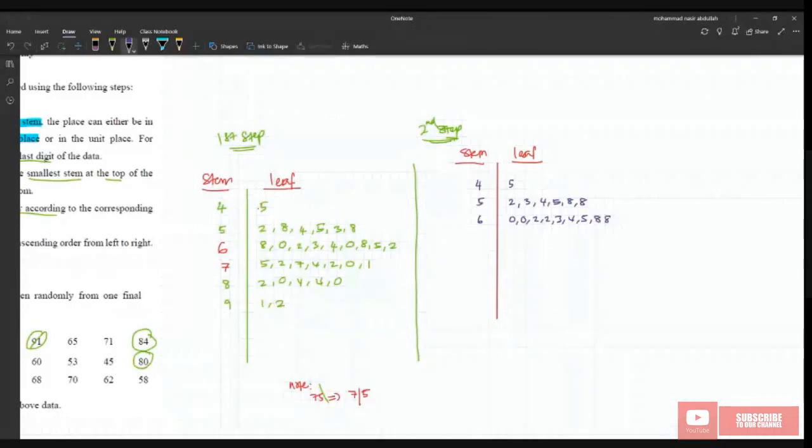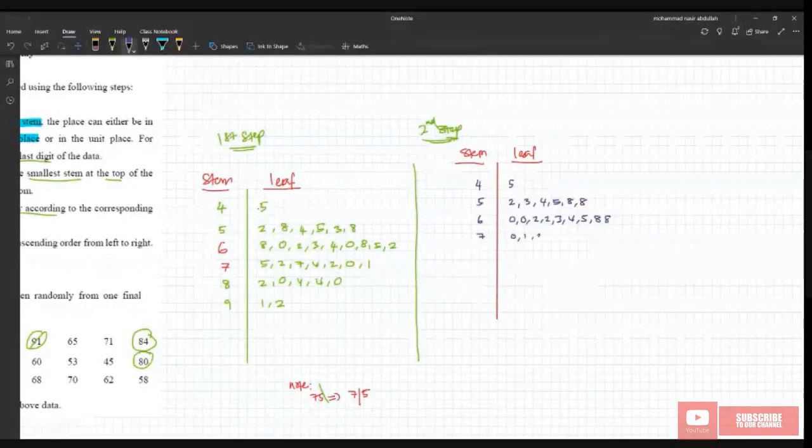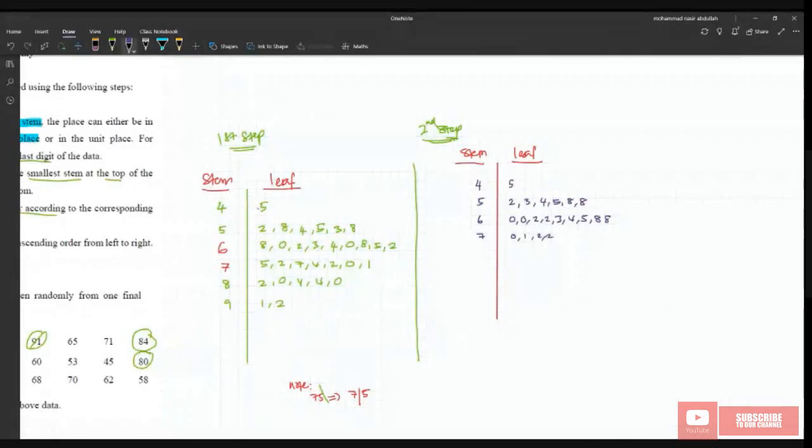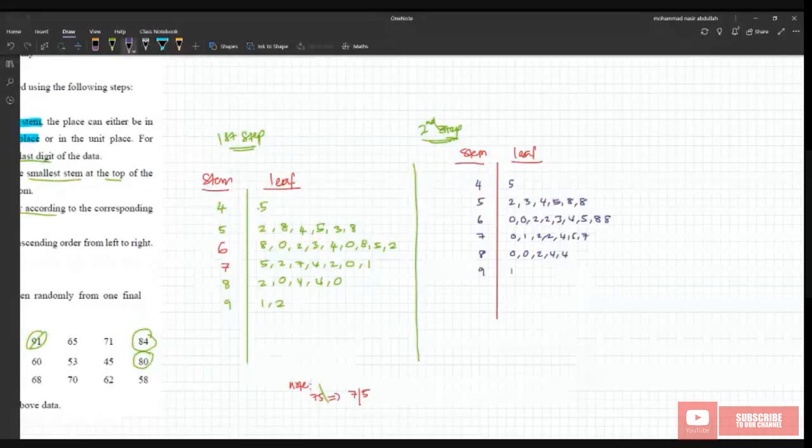Right? For 7, we have 0, 1, 2, 2, 4, 5, and 7. And for 8, we have 0, 0, 2, 4, 4. And for 9, we have 1 and 2.